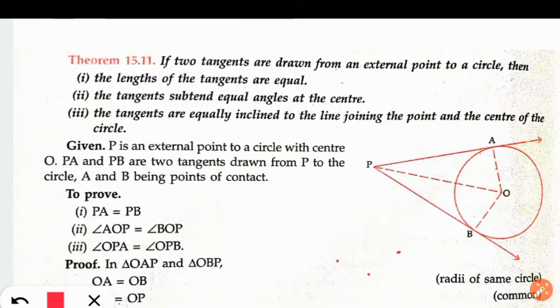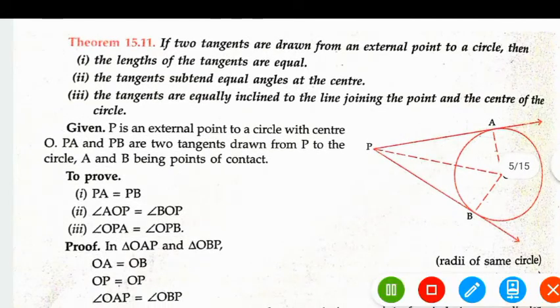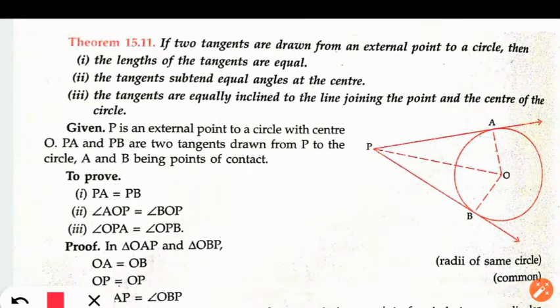So let us do this theorem first, and based on this theorem we will do one exercise. So what we have: if two tangents are drawn from an external point to a circle, we know from an external point two tangents can be drawn to a circle, right?